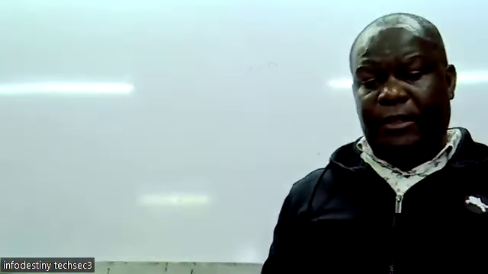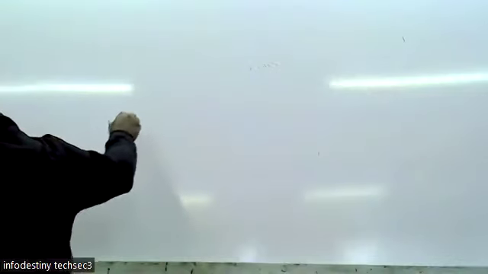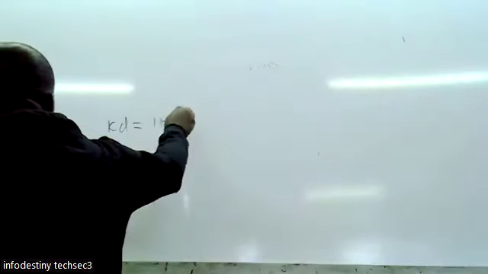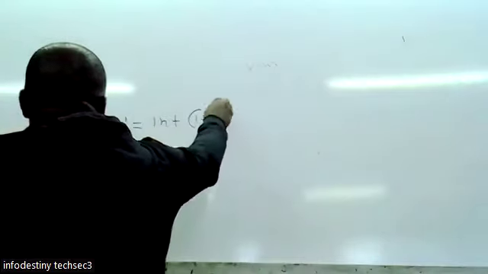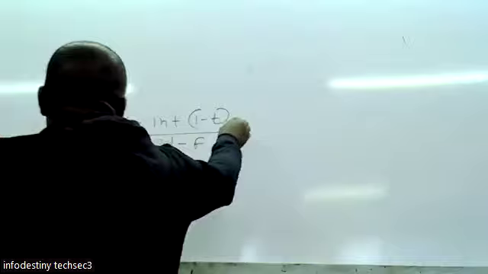So it is expressed as follows. KD will now be the cost of the debenture. It will be given by interest times the brackets of 1 minus the tax rate, divided by the current value for the debenture.